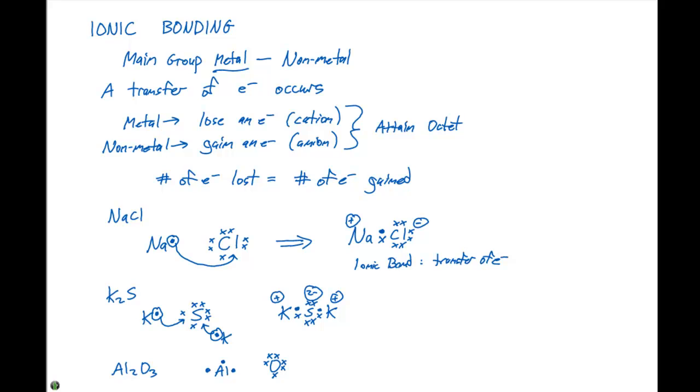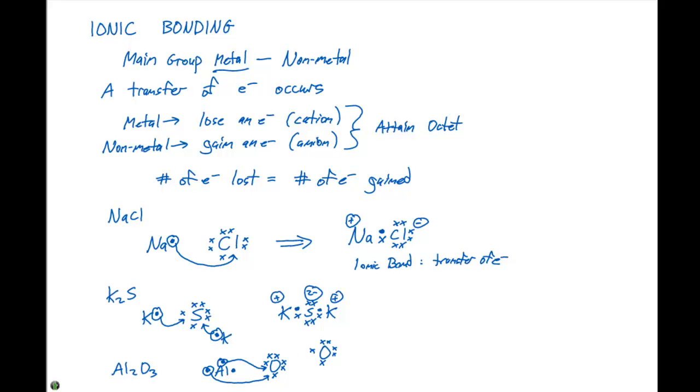So what can happen is we can take 2 electrons from aluminum to help fill oxygen's octet. But in doing so, we still have one electron here on aluminum that is not in an octet. So we need another oxygen. And this oxygen also has 6 valence electrons.